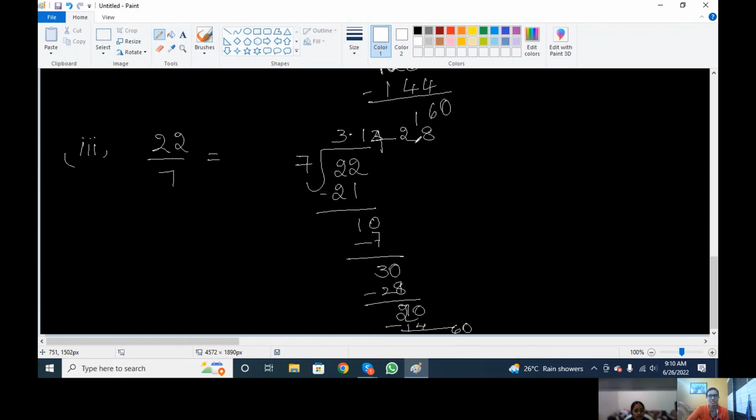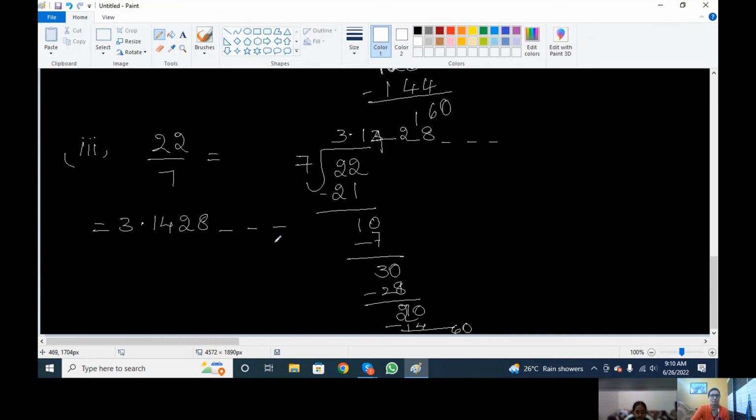So up to 3 decimal places is enough. We checked up to 4 decimal places. So this is giving the answer 3.1428. Is it terminating? It's continuous, right? So we call it non-terminating.